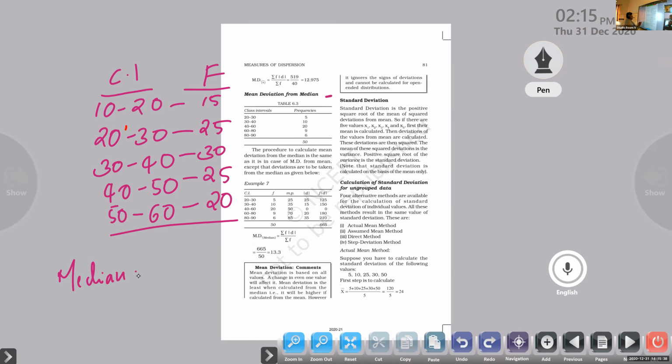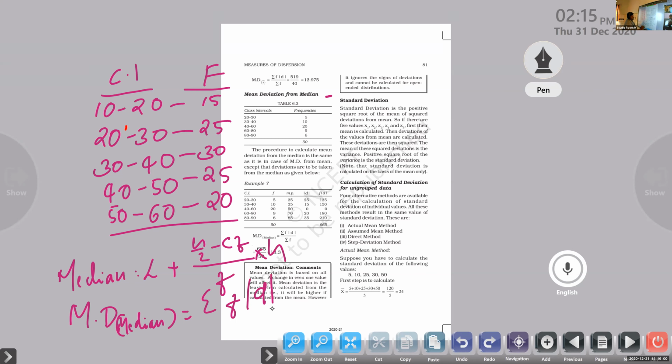Write the equation here: L plus N by 2 minus CF divided by F, into H. Calculate. Next one, mean deviation for the median equal to sigma FD divided by sigma F.